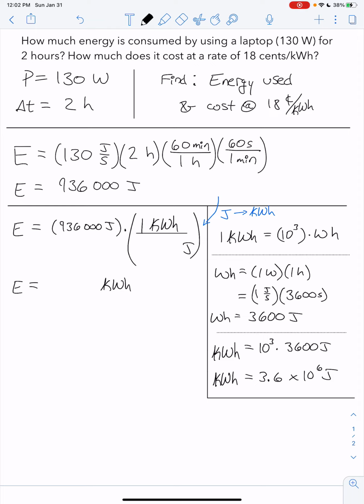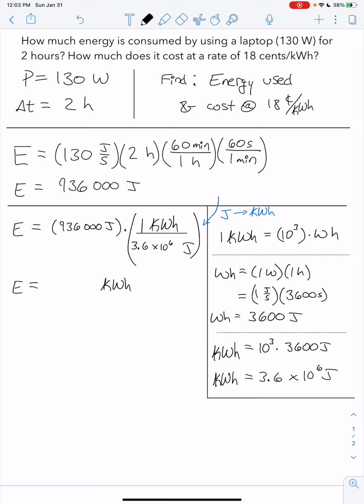So that's our conversion factor right here: 1 kilowatt hour is equal to 3.6 times 10 to the 6 joules. Now we can go back over here to our original problem and convert using this factor, 3.6 times 10 to the 6 joules.